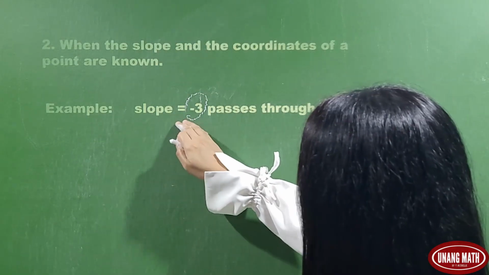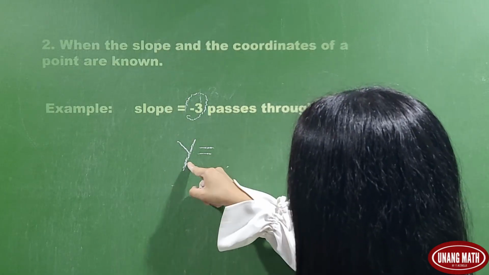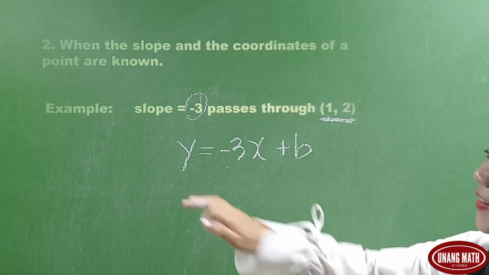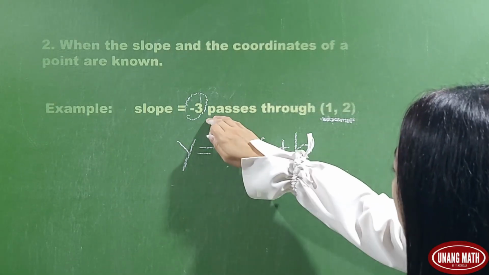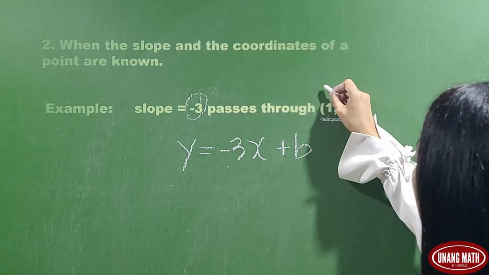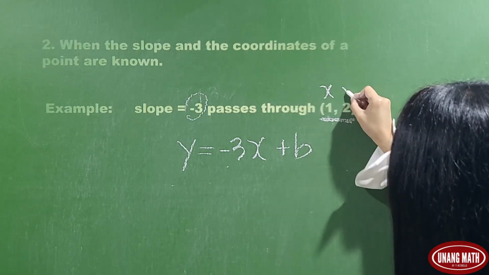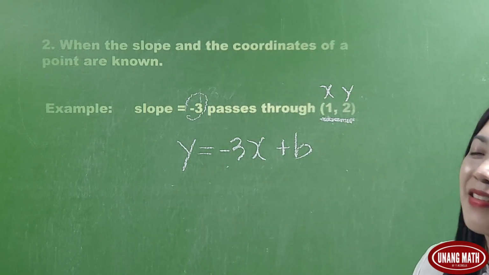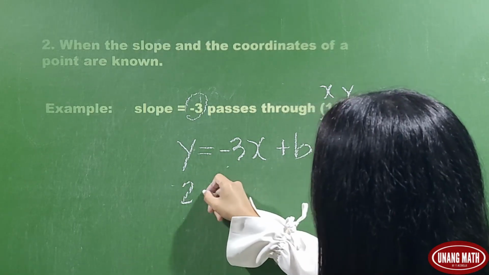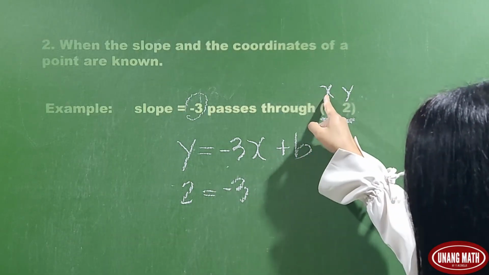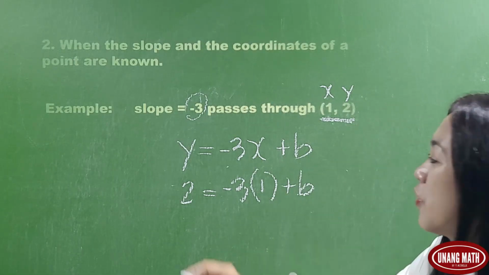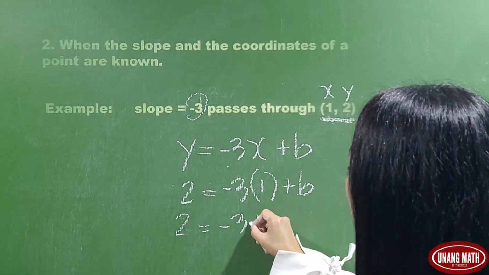So if the slope is negative 3, then that would be y is equal to negative 3x plus b. And since this linear function passes through (1, 2), we will just substitute this x coordinate and y coordinate in this function. So the y coordinate is 2. So this is 2 is equal to negative 3 times the x coordinate, which is 1, plus b. So this is 2 is equal to negative 3 plus b.